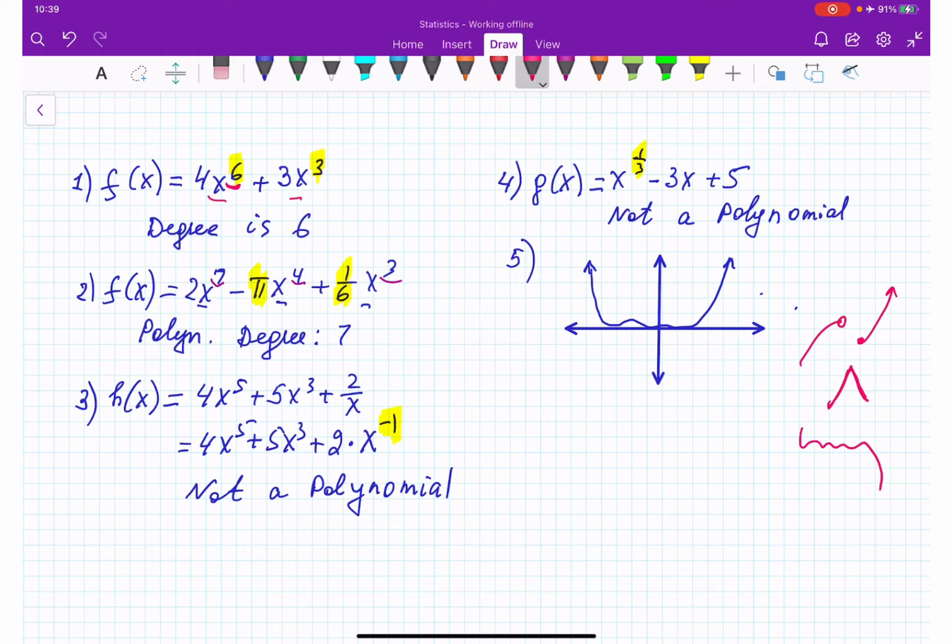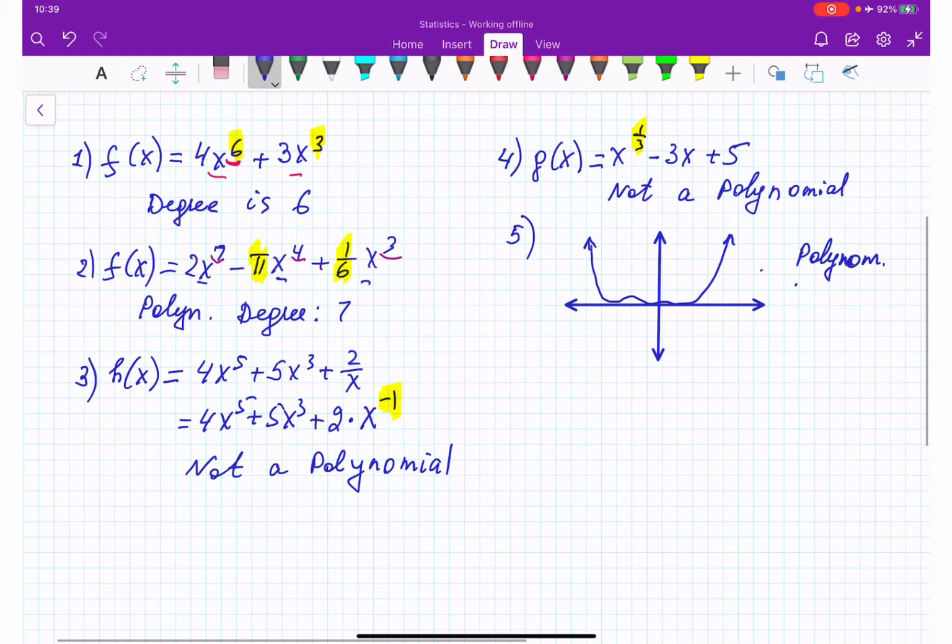Okay? All right. Next. So this is a polynomial, obviously. This graph is a polynomial function.